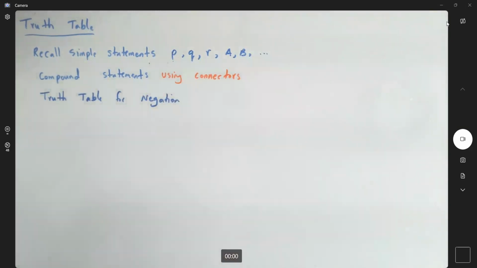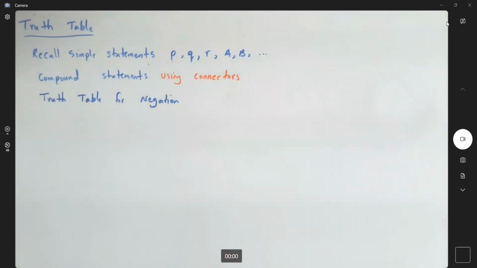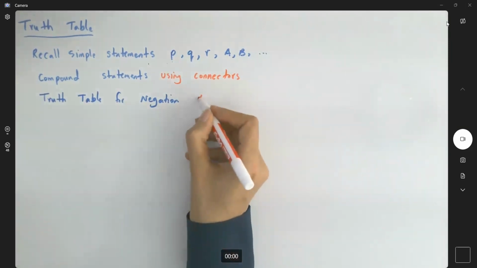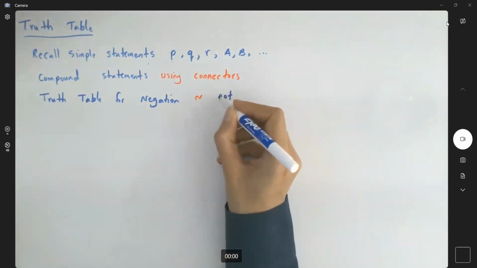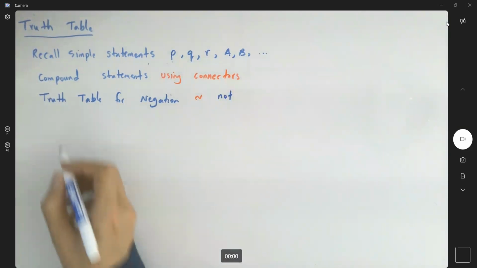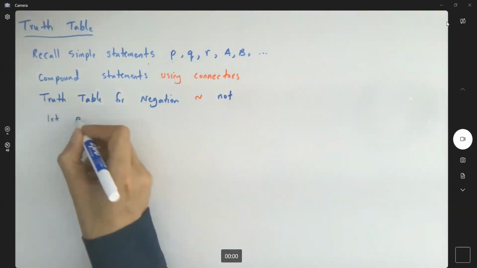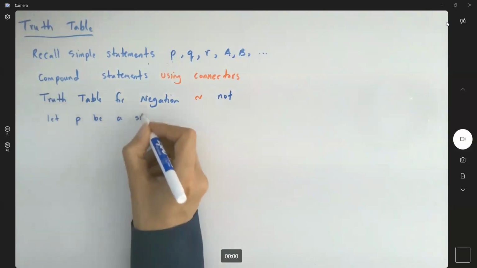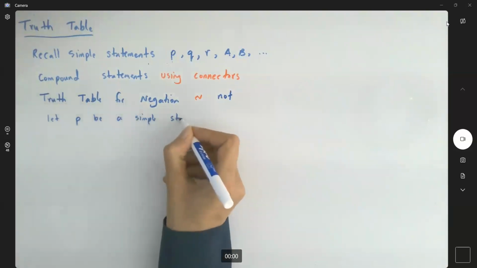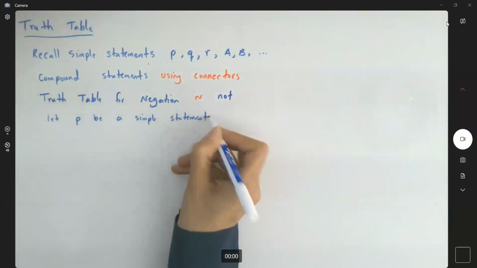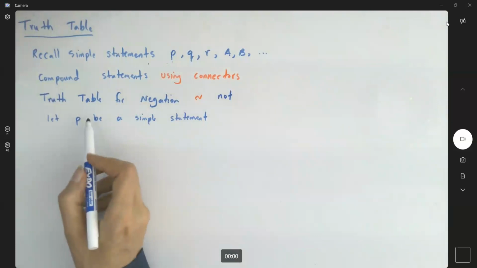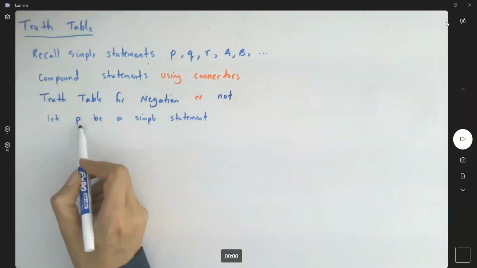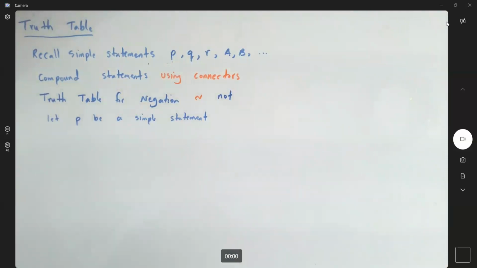Okay, the connector negation was introduced as not. The meaning: not the case that. Let P be a simple statement. The table is like this. Since you have one simple statement, you only have 2 combinations.